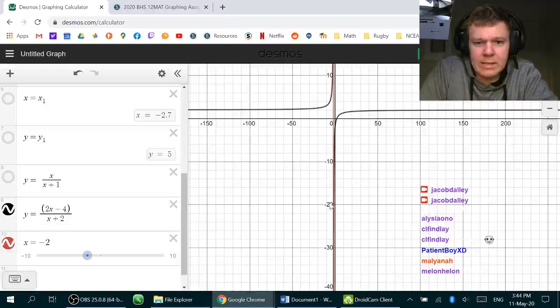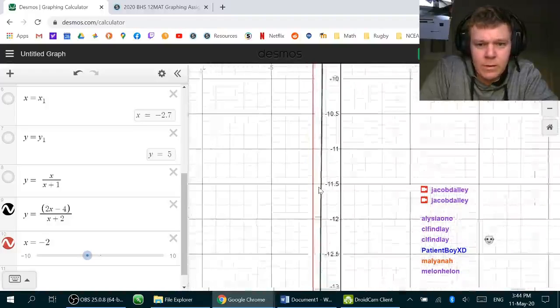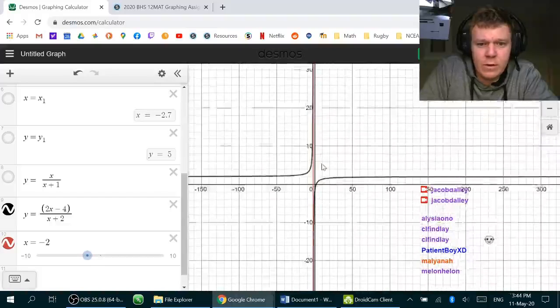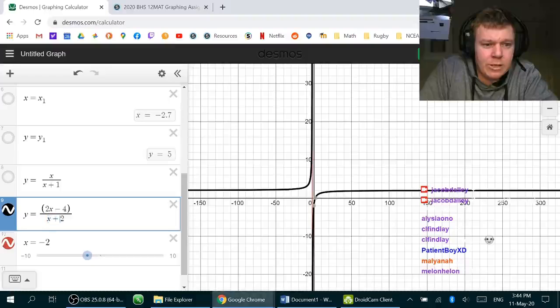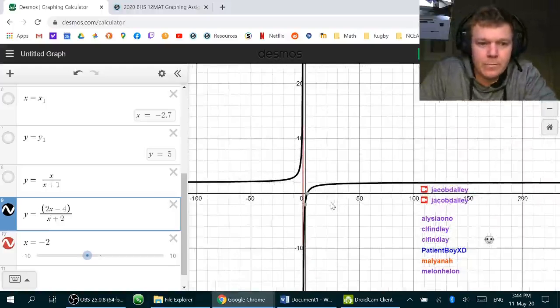It never actually gets there. If you zoom in on it, it'll never actually get there, even though it's very, very close. And that's because this bottom part of the fraction can never be 0. So it's always getting closer and closer. The closer it gets, the more infinity y will get.